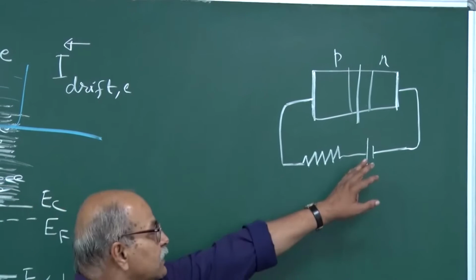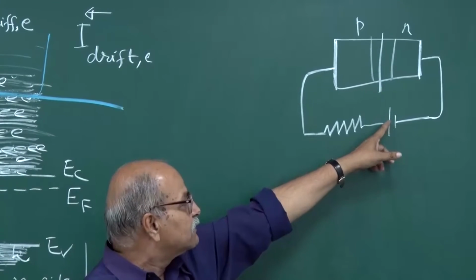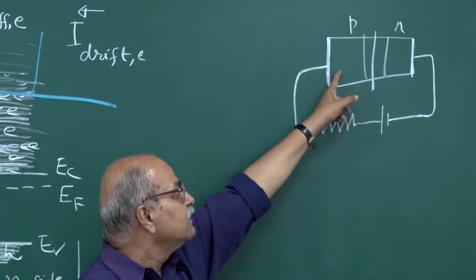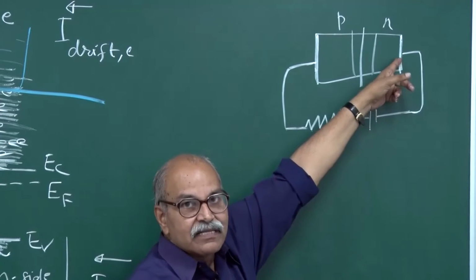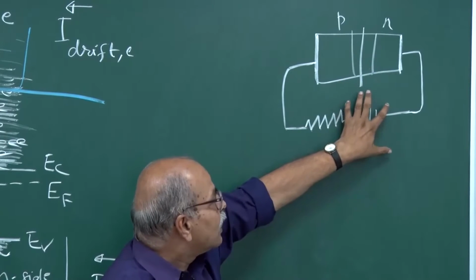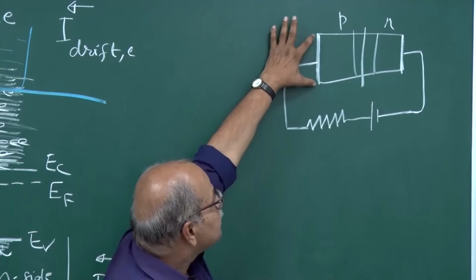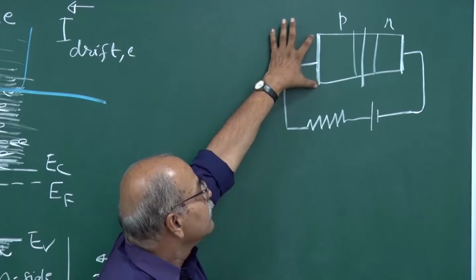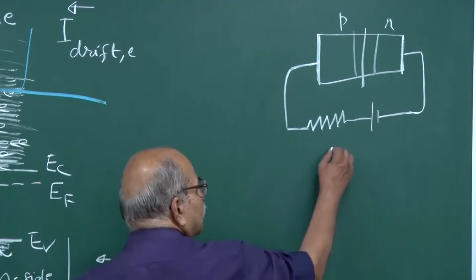When the connections are made in such a manner that the positive side of the cell is connected to the P side and the negative side of the cell is connected to the N side, that means from our cell we are increasing the potential of this P side as compared to the N side. That is known as forward bias.